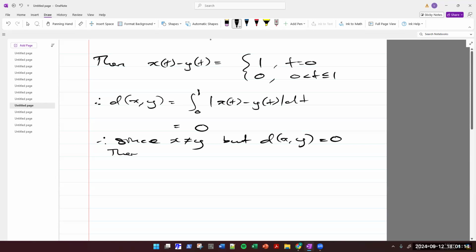So therefore, d is a pseudometric. Okay, so d is a pseudometric, and let me put this space. d is a pseudometric on the space of all Riemann integrable functions from a to b.